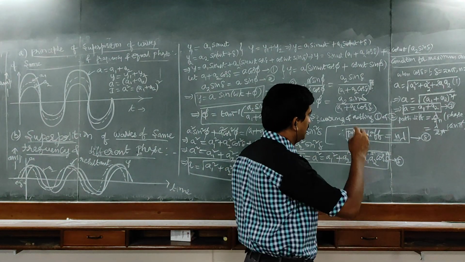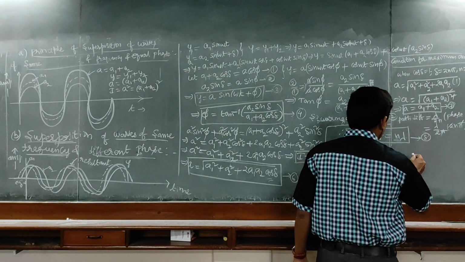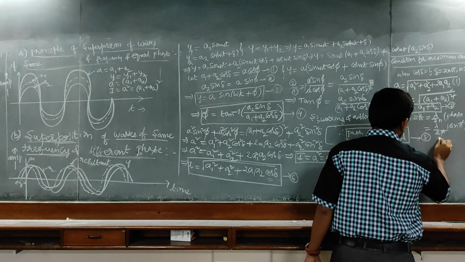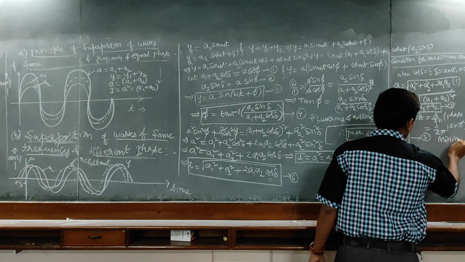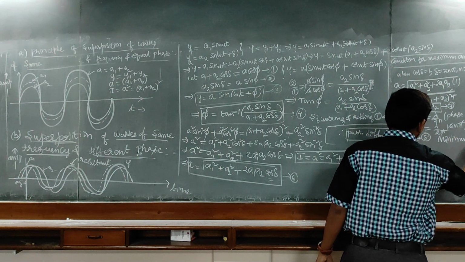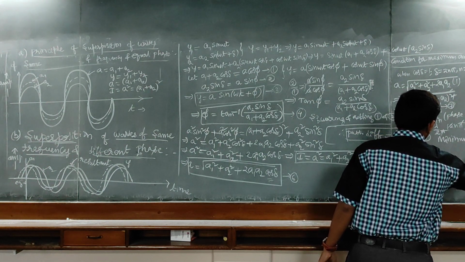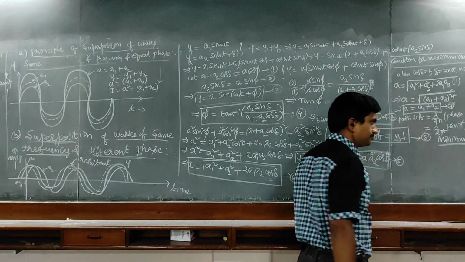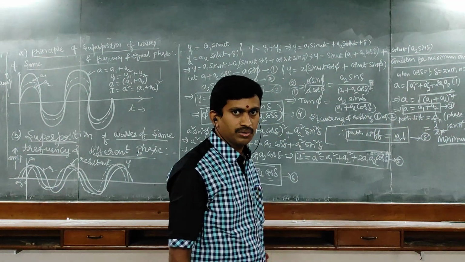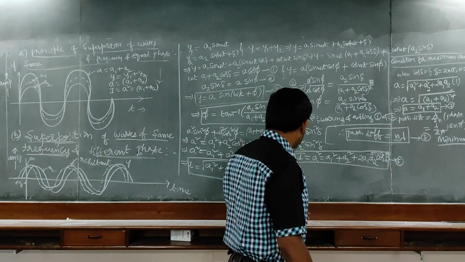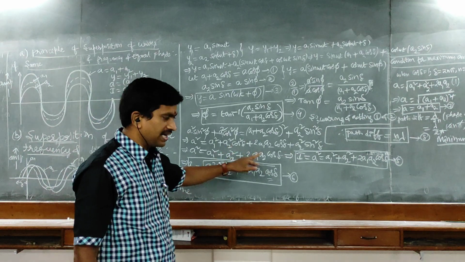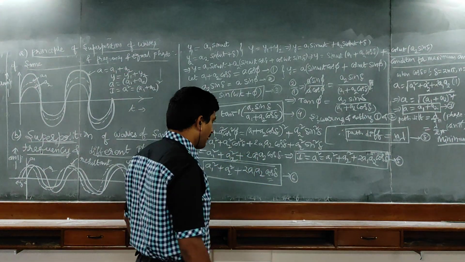Now coming to the condition for minimum amplitude. Keep the side heading as condition for minimum amplitude. In order to get the minimum amplitude, cos delta value becomes minus 1. When does its value become minus 1?